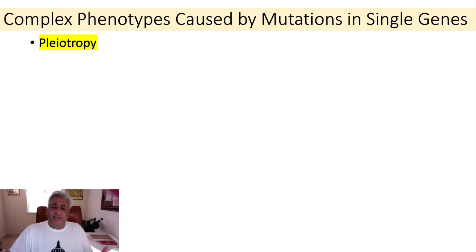So let's move on next to pleiotropy. Pleiotropy. Pleo means many, tropy means effects. So a single gene with alternative alleles could produce a plethora of developmental or physiological, anatomical effects on the body of that individual.